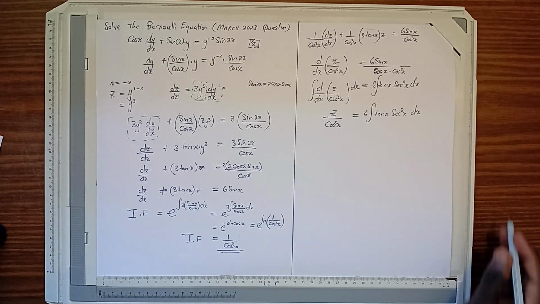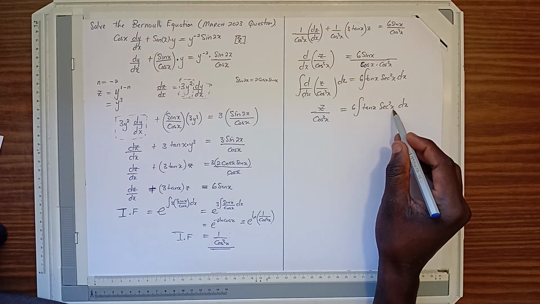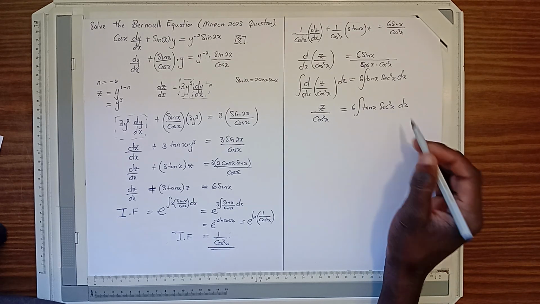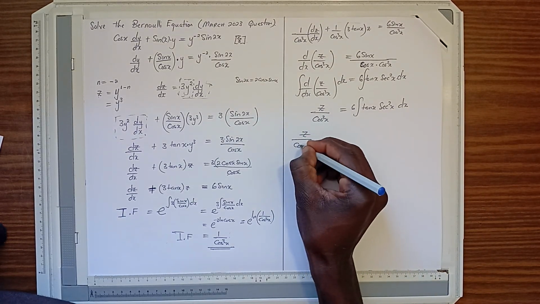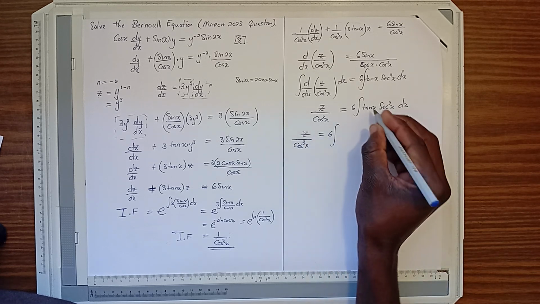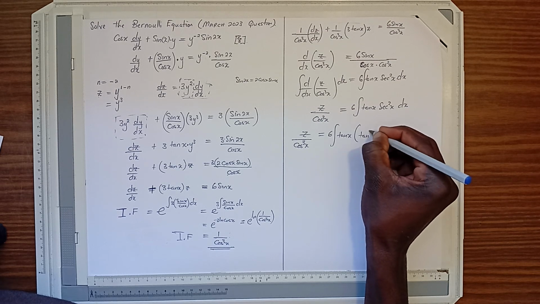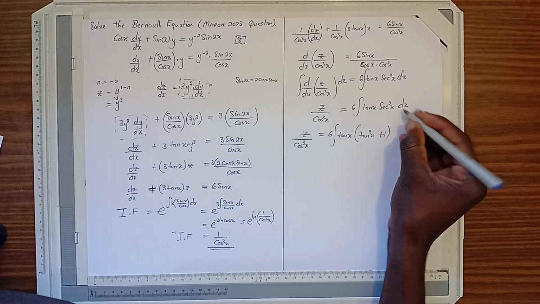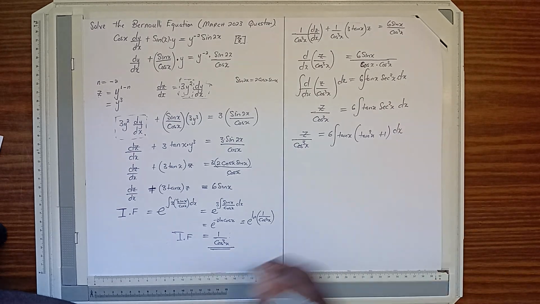So now we introduce the identity of sec squared of x, which is 1 plus tan squared of x. So z over cos cubed of x is equal to 6 the integral of tan of x, we introduce tan squared of x plus 1, which is the identity of sec squared of x, then by dx.